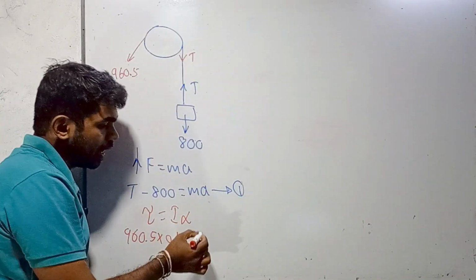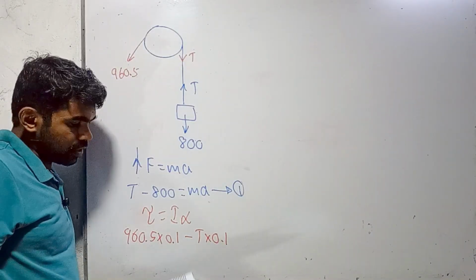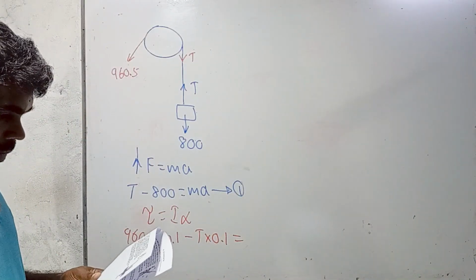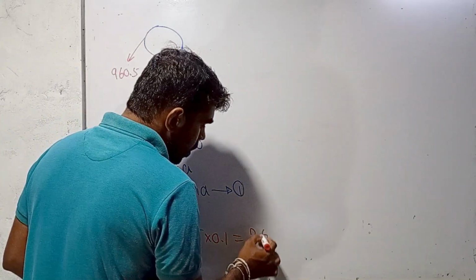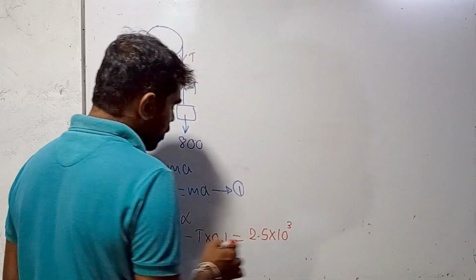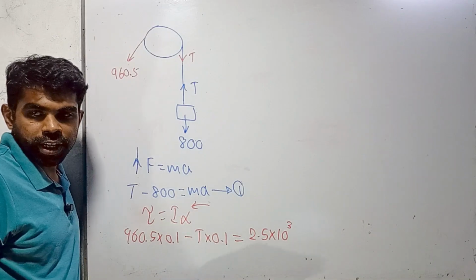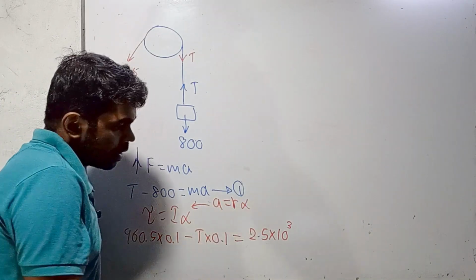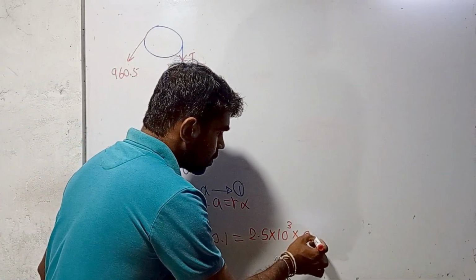Opposite force, tension into 0.1, force into perpendicular distance. Moment of inertia is given as 2.5 into 10 to the power minus 3. It is the I value. We can get alpha using linear acceleration: a equals R alpha, radius 0.1.